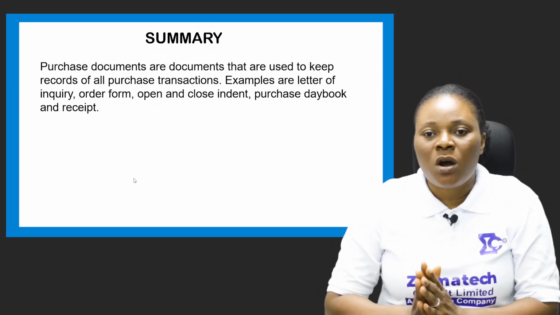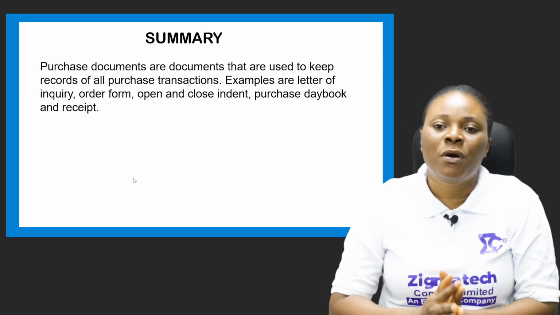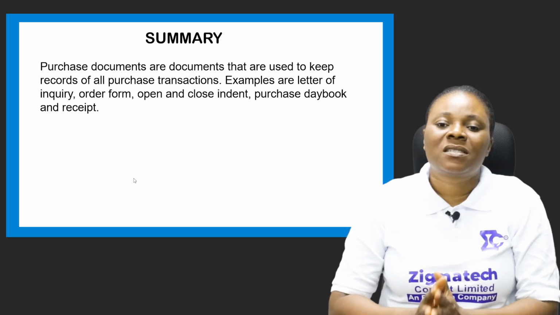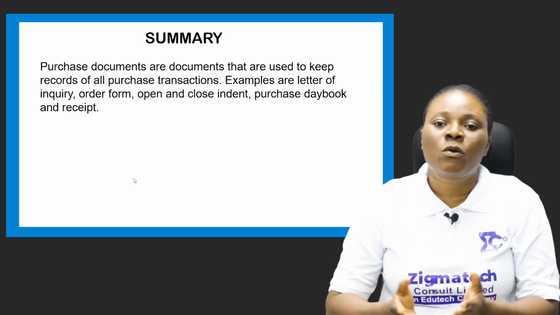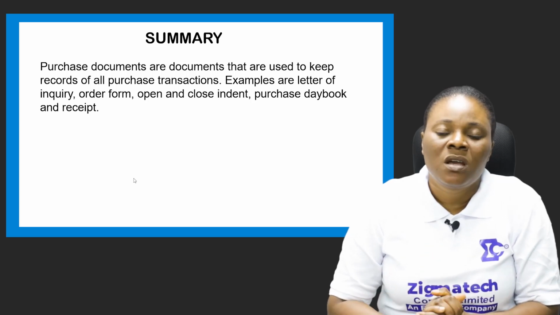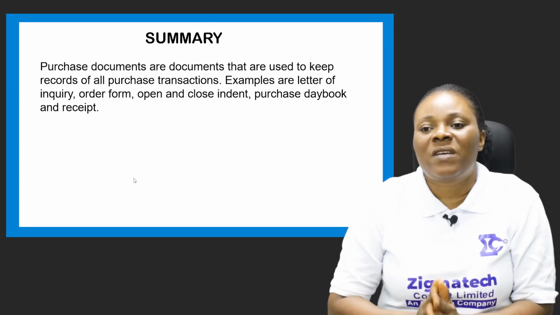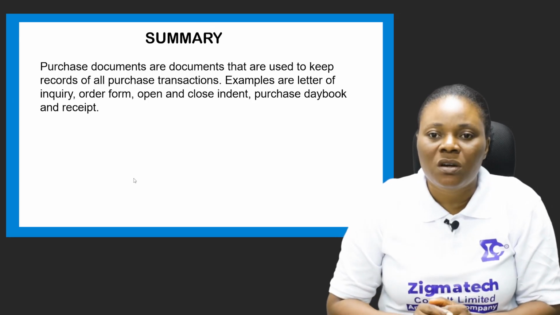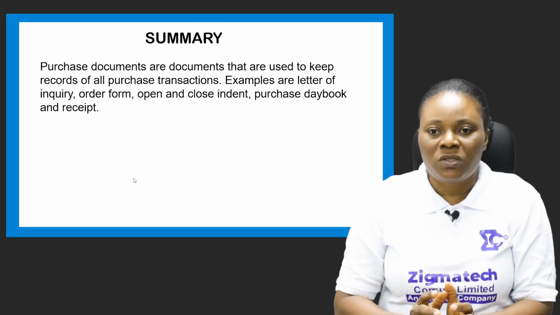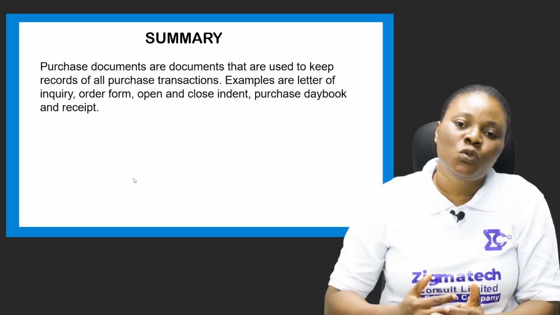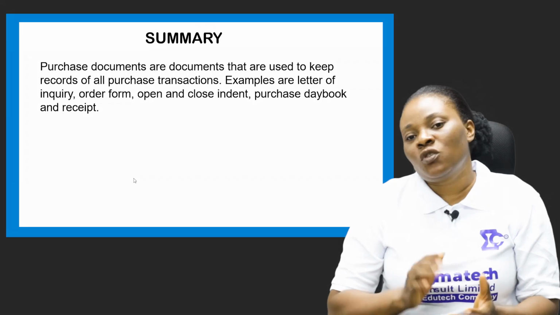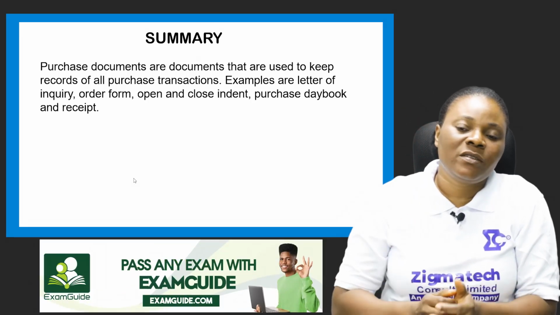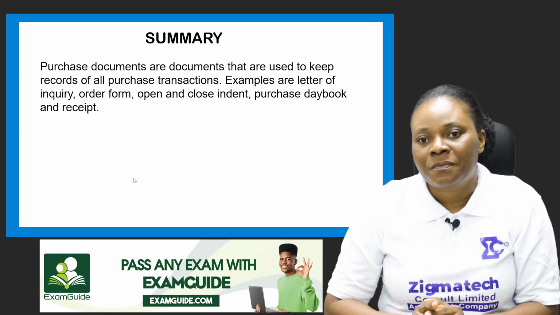We also looked at the purchase order, a form that is filled to request or to order goods from a service provider. You've sent a letter of inquiry, you've gotten a quotation in return, and you are satisfied with the quotation. The next thing you need to do is to place your order.